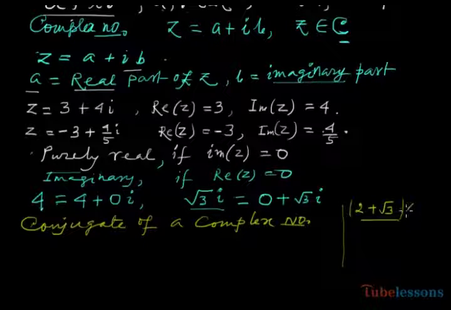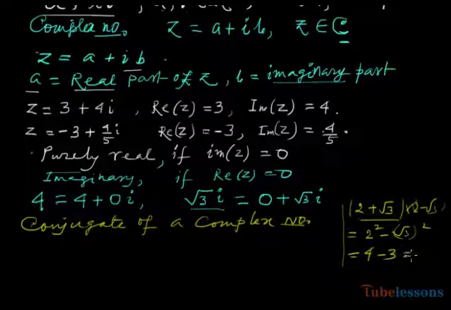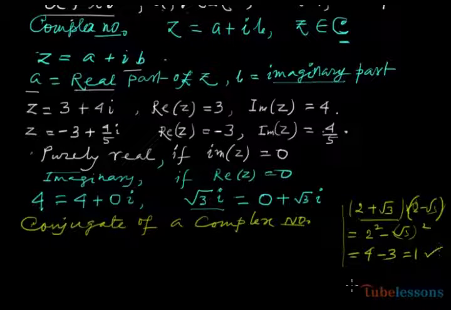When it is multiplied by 2 minus root 3, we obtain 2 square minus root 3 square, which is 4 minus 3 equals 1. So it becomes a real, and a rational, number. So the conjugate of 2 plus root 3 is 2 minus root 3.